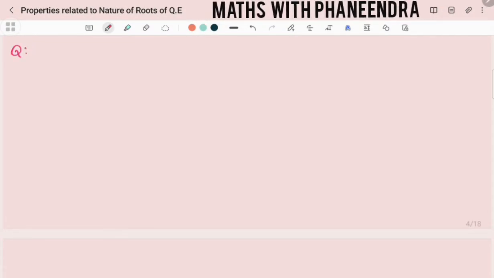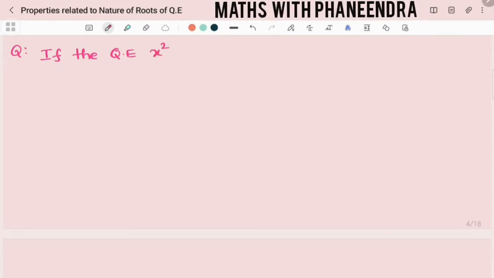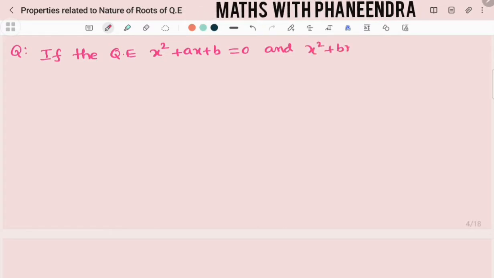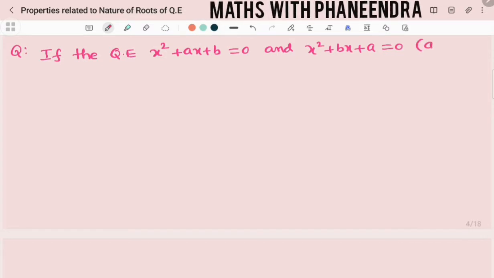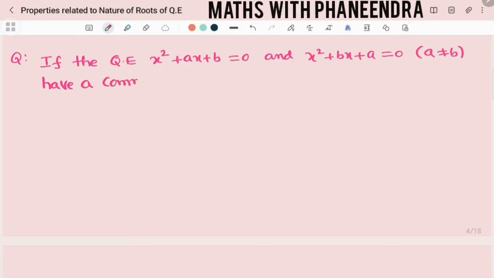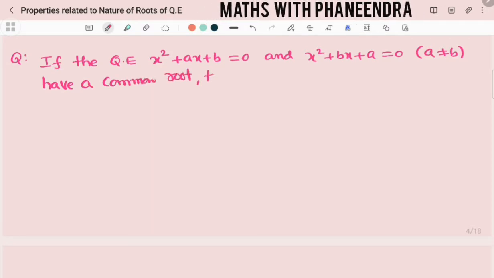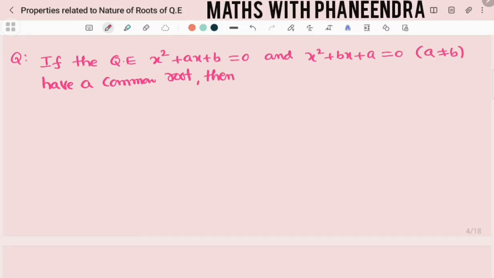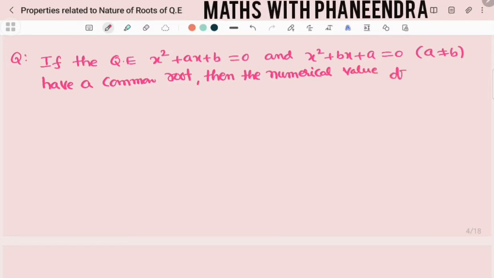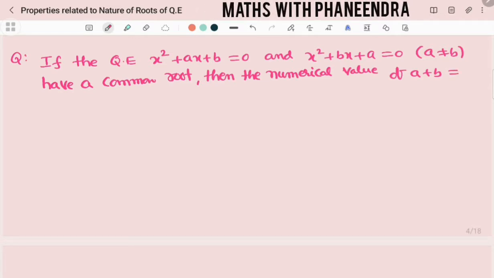So the next question is related to common roots. I am writing it in the simplest form to save time. If the quadratic equations x square plus ax plus b equal to 0 and x square plus bx plus a equal to 0, where a is not equal to b, have a common root, then the numerical value of a plus b equals what?